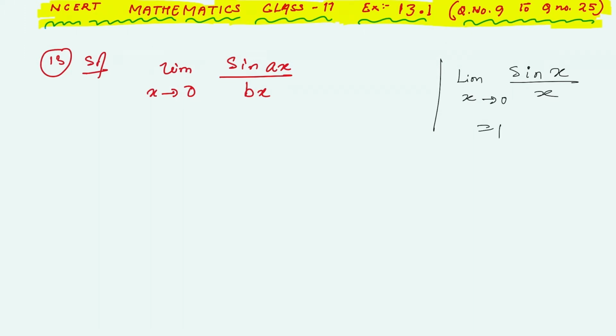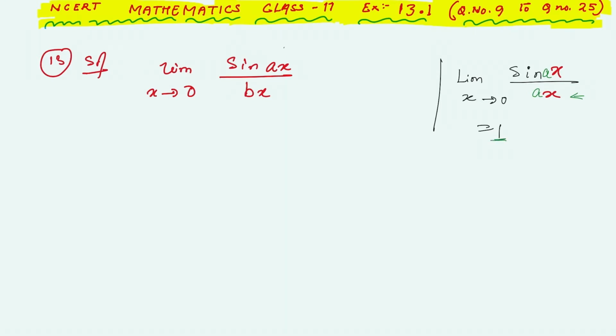Suppose if there is a, then in the denominator there must also be a. So let me write here clearly, sin x by x, when x tends to 0, that's equal to 1. Instead of only x, if there is sin ax, then in the denominator also ax. In that case also its value is 1.